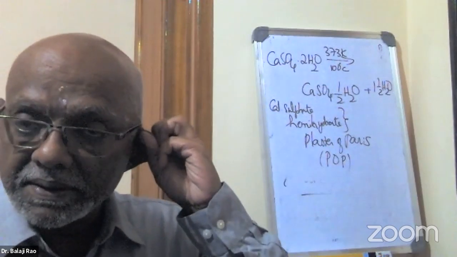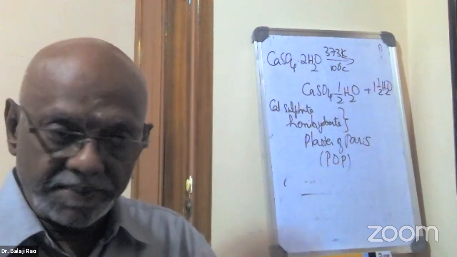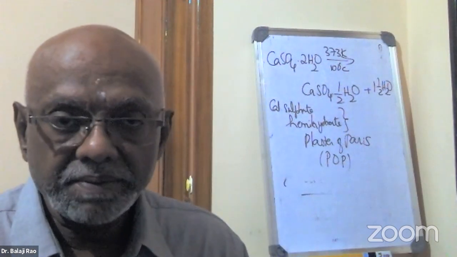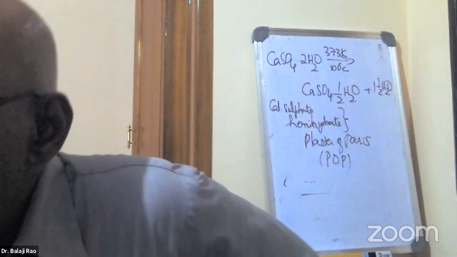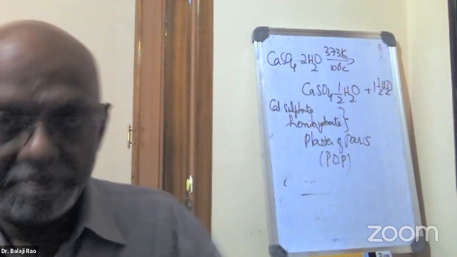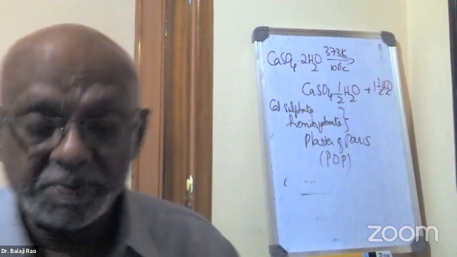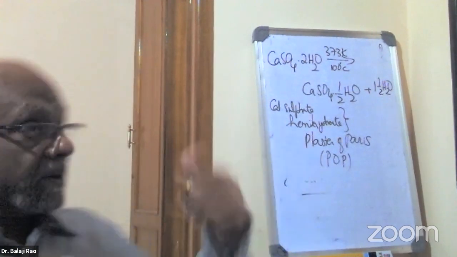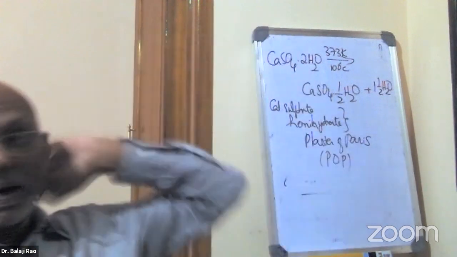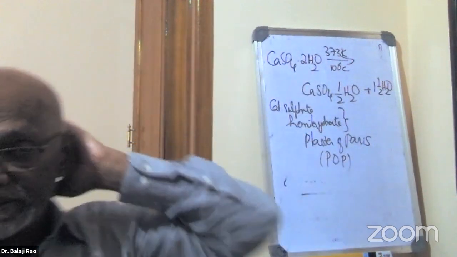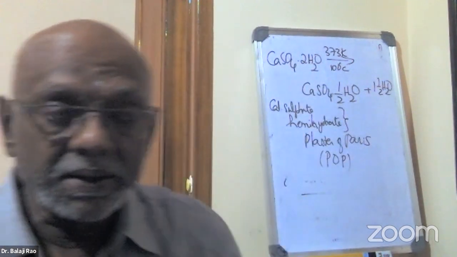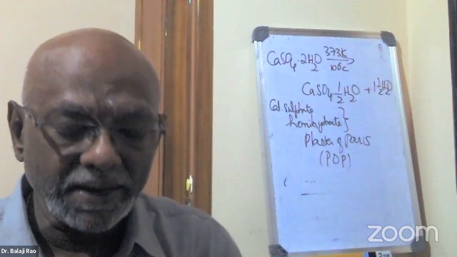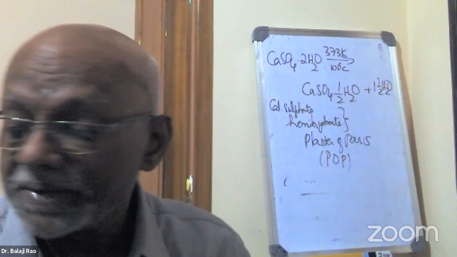When it is put into a cast, and made into an aqueous suspension, it will reabsorb the water, and when it dries it forms back your hard calcium sulfate, that is gypsum, and that is how the plaster is cast. It becomes very strong like a cement and stays on for a very, very long time.